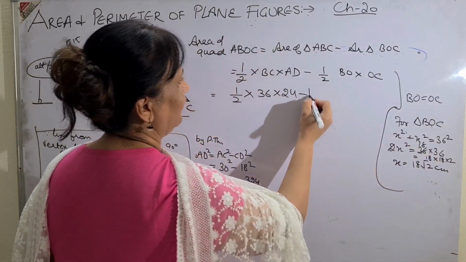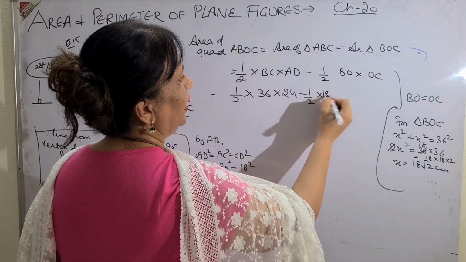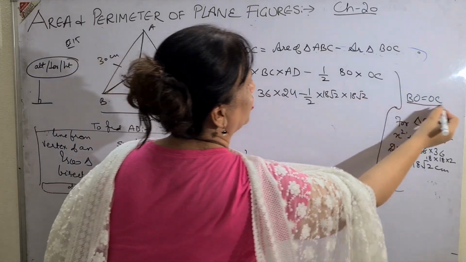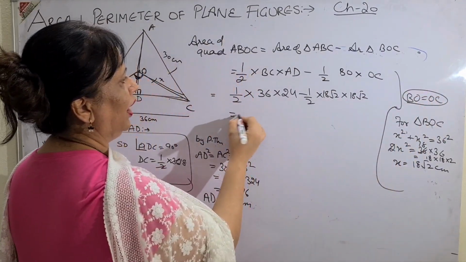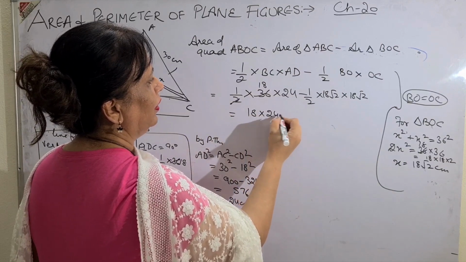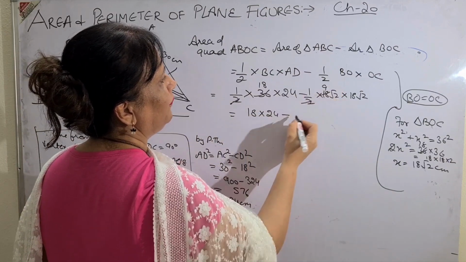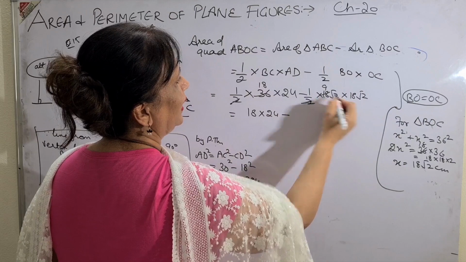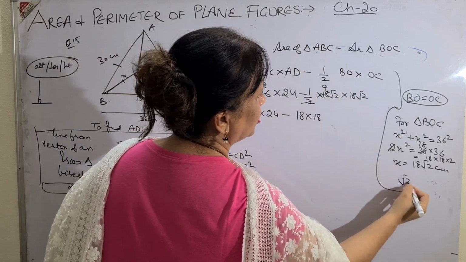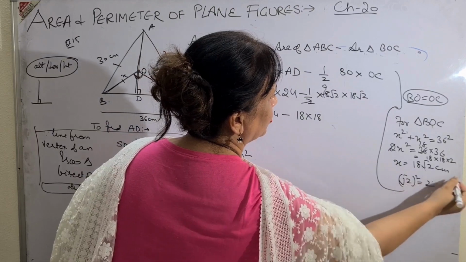Please put the value: half into 18 root 2 into 18 root 2, because BO and OC are both equal. So half cutting, 18 into 24 minus 18 into 18, because root 2 square is equal to 2. You know that also.